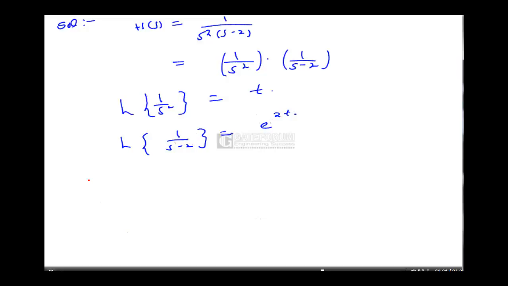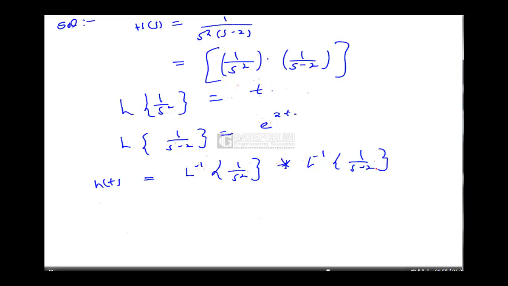Now to get h of t, which is nothing but the inverse Laplace transform of this whole expression, I can write: again we have to make use of one property, which is multiplication in the s domain goes to convolution in the time domain. Laplace inverse of 1 by s square convolved with Laplace inverse of 1 by s minus 2.